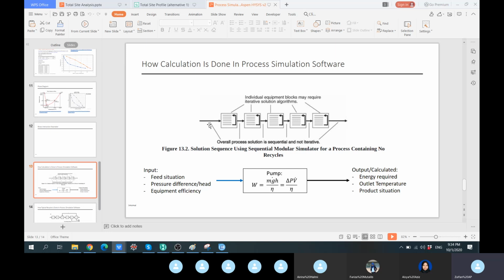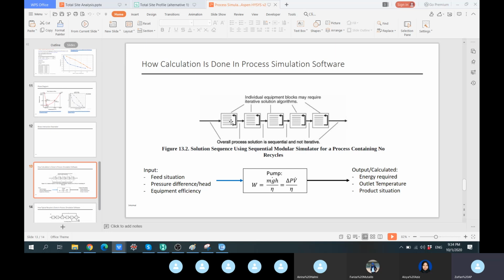So what it means is that we have a stream, and then we add to it a block of calculation. This can be a unit operation, for example, a valve or a pump or flash vessel or distillation column or reactor or whatever.